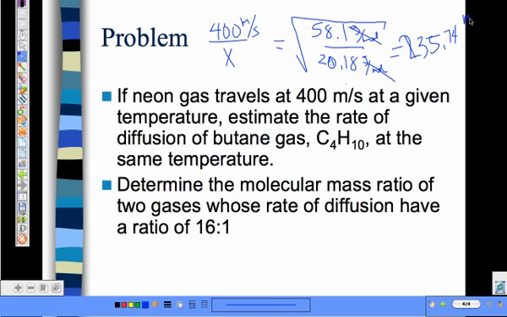No, because since this side doesn't have any x, you could just solve this whole side and take the square root of that. Does that make sense? Butane's heavier, so it's moving slower. Makes sense. 235.74.